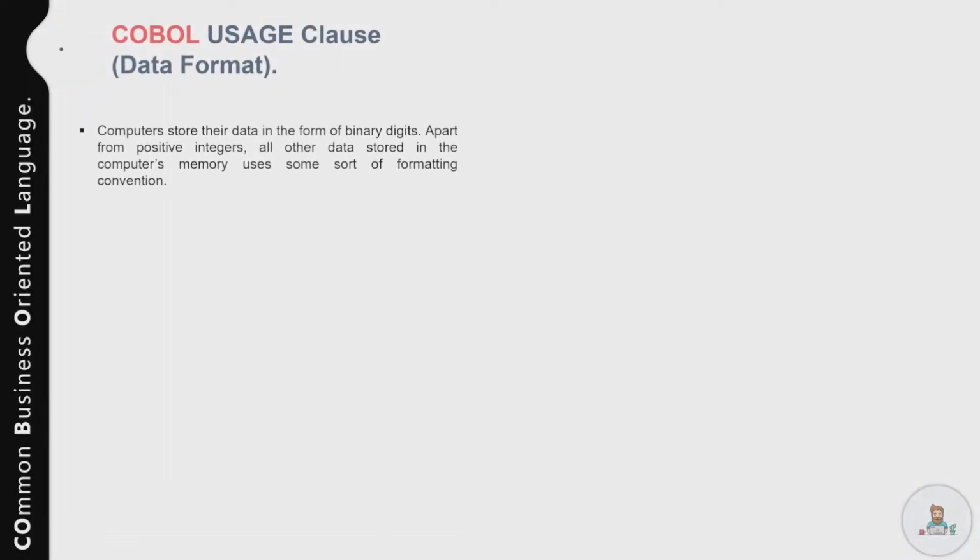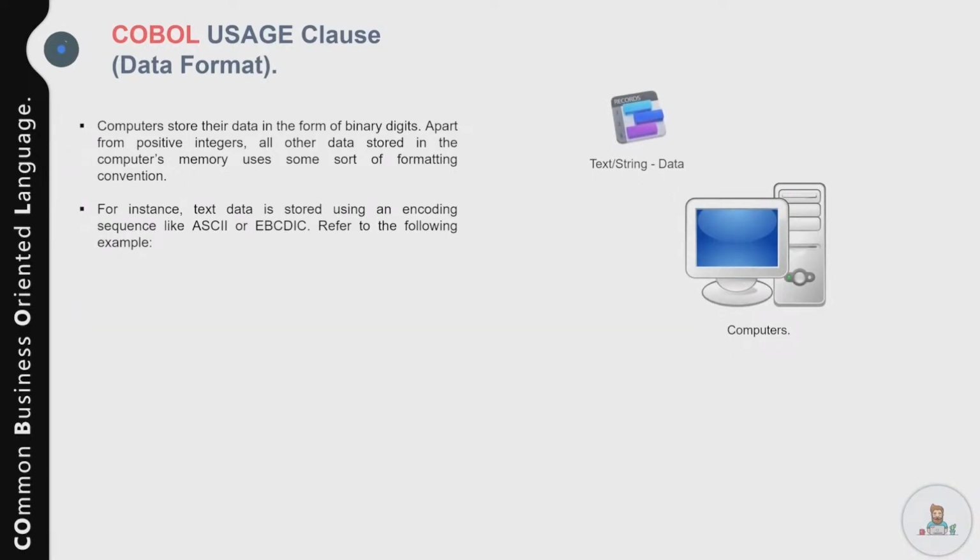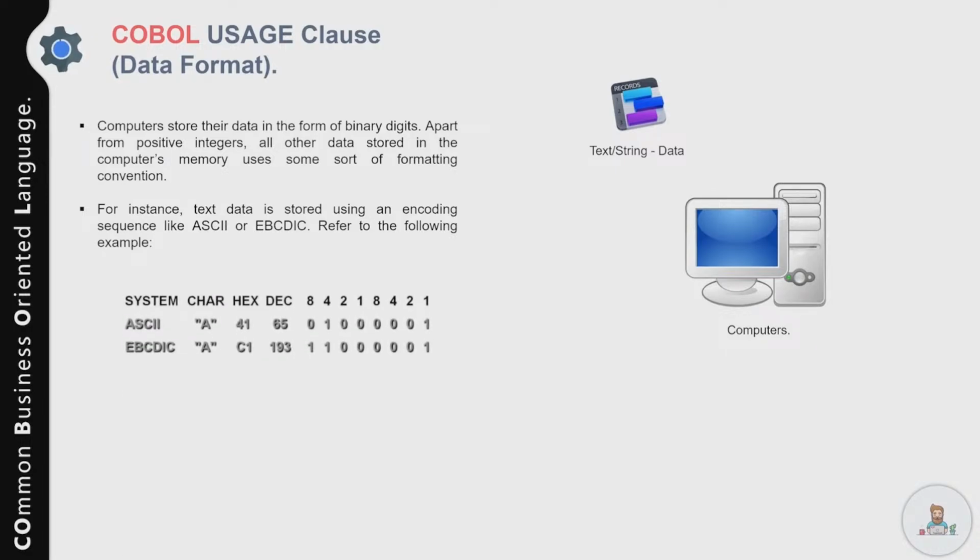Now let's talk about the usage clause. Computers store their data in the form of binary digits. Apart from the positive integers, all the other data stored in the computer memory uses some sort of formatting convention. For instance, text data is stored using an encoding sequence like ASCII or EBCDIC. Now you might be thinking, what is an encoding system?